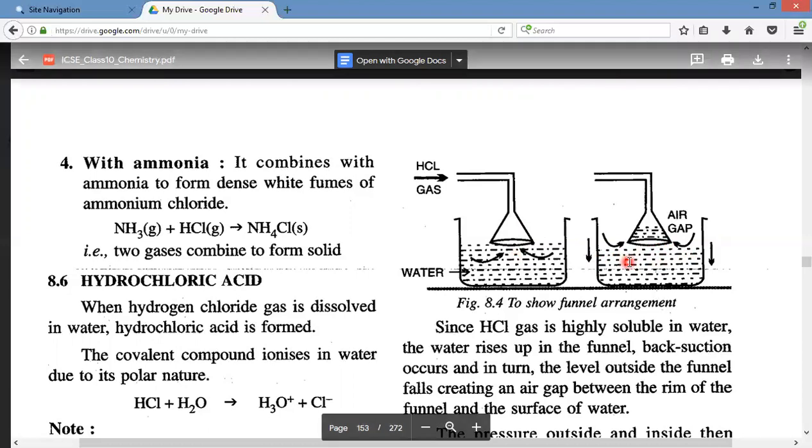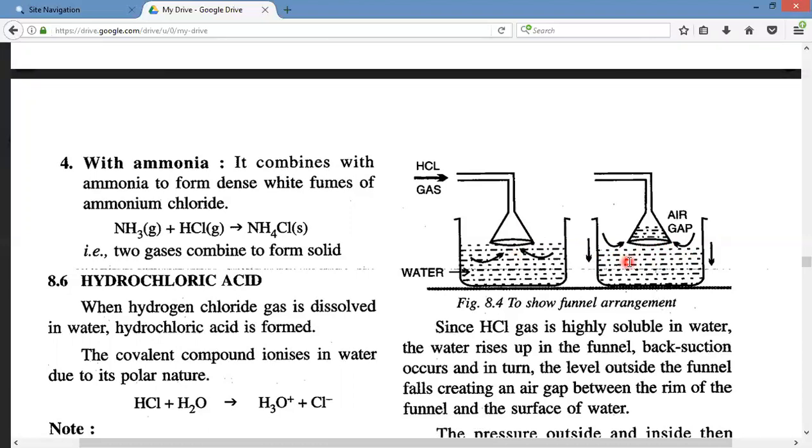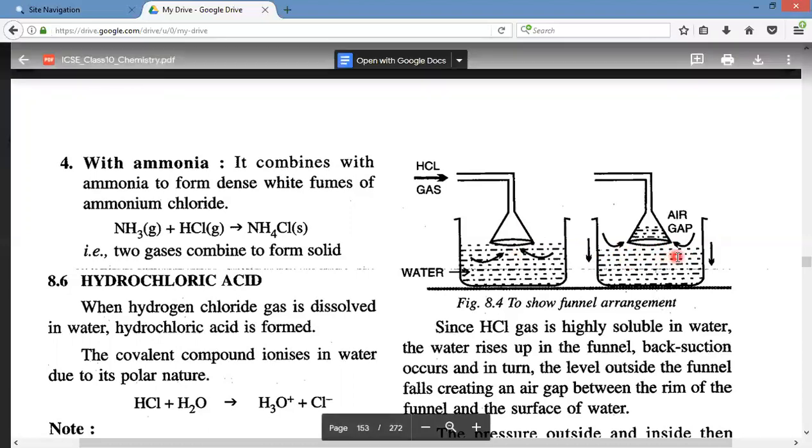After the back suction, an air gap is created between the rim of the funnel and the surface of the water. Means a distance will appear, or a gap will appear. It will last for a few seconds.